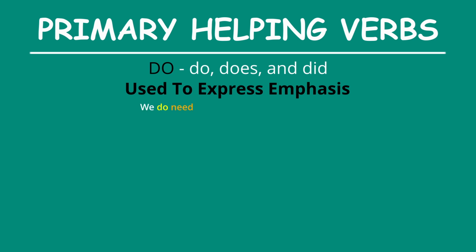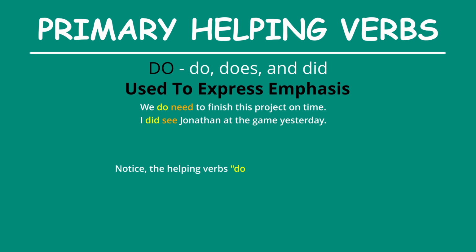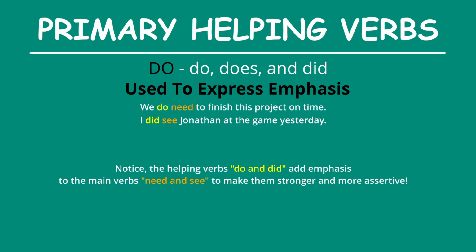For example, we do need to finish this project on time. I did see Jonathan at the game yesterday. Notice the helping verbs do and did add emphasis to the main verbs need and see to make it stronger and to make it more assertive.